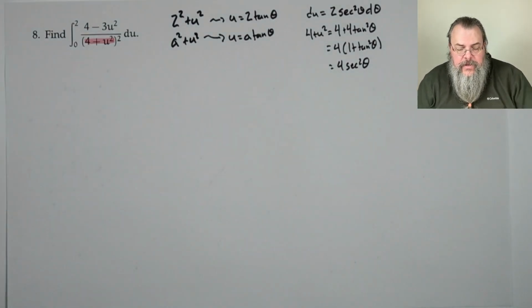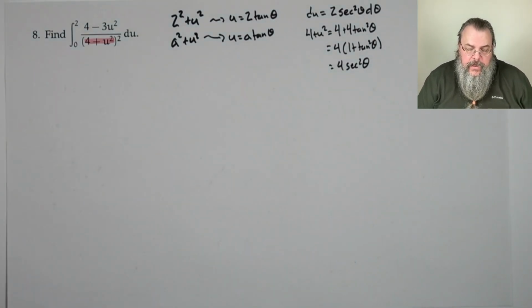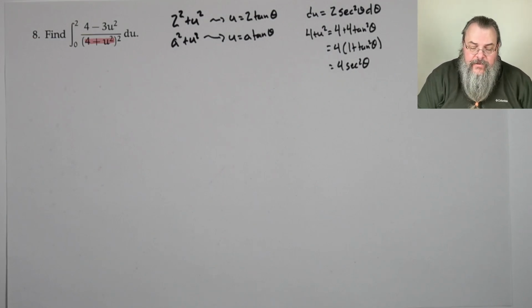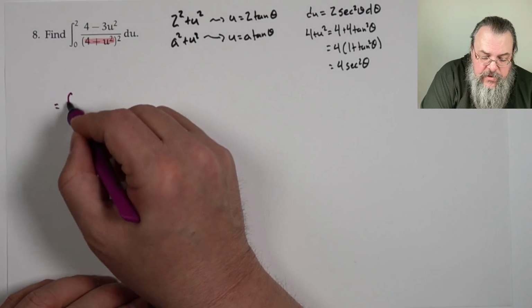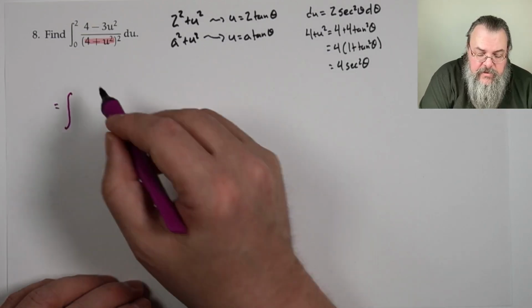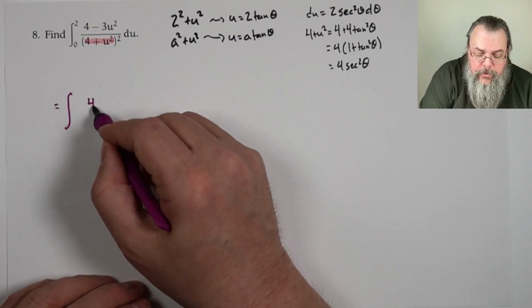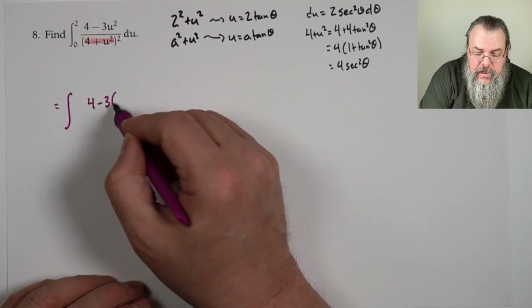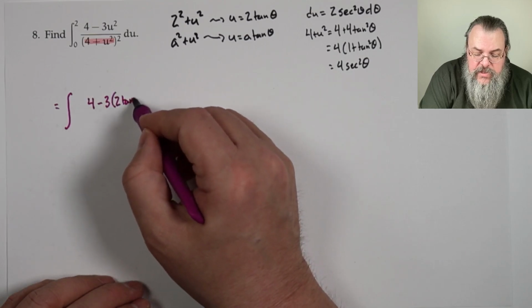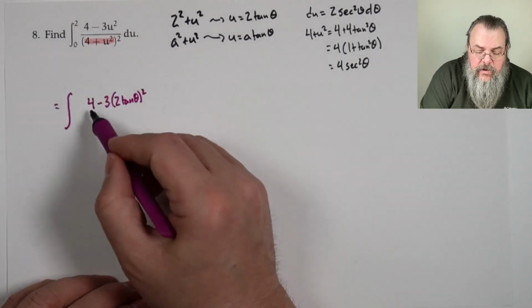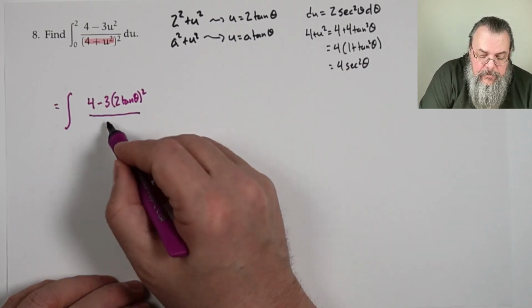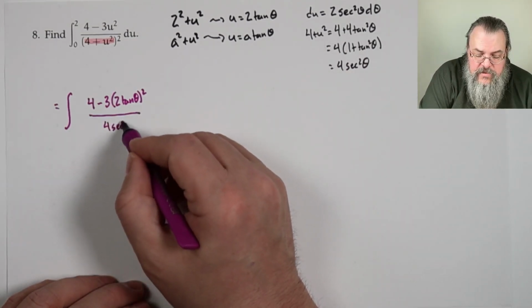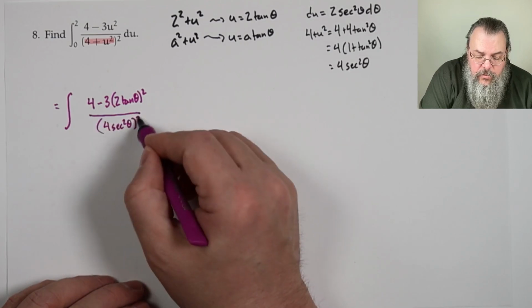All right. Well, now, with that out of the way, we're ready to go through and update. So we have our integral. This becomes the integral, and we'll worry about the bounds in a second. We'll have 4 minus 3 times (2 tangent theta) squared over, and 4 plus u squared became 4 secant squared, squared.